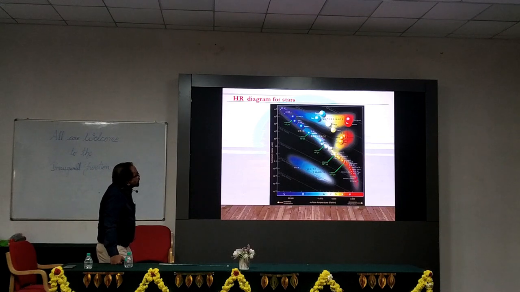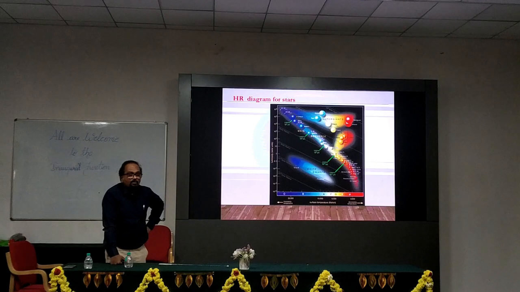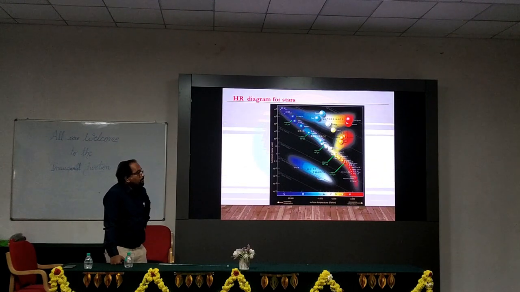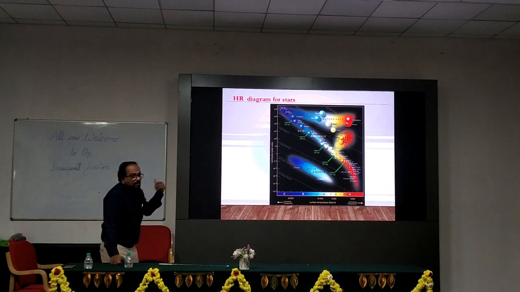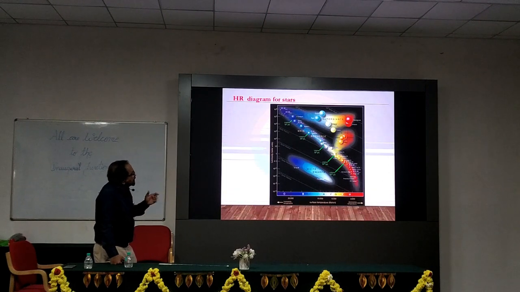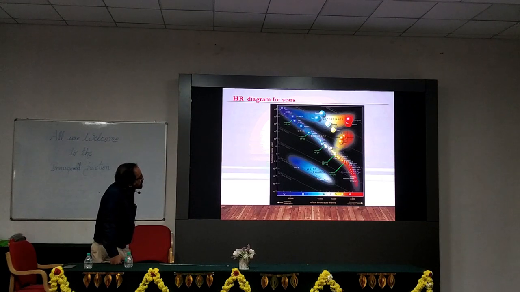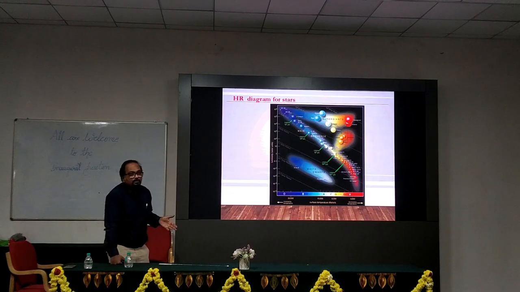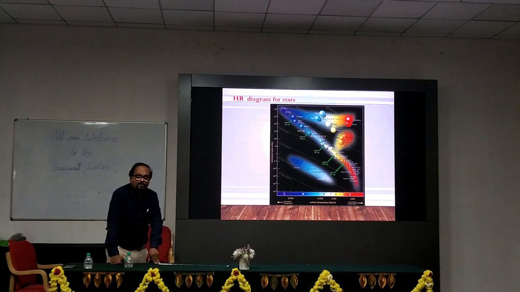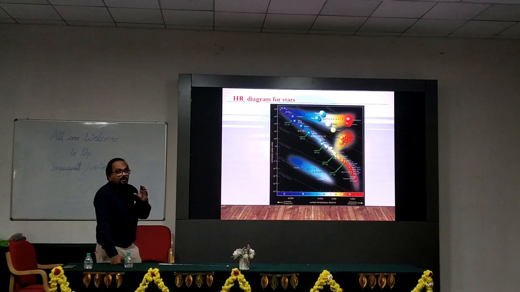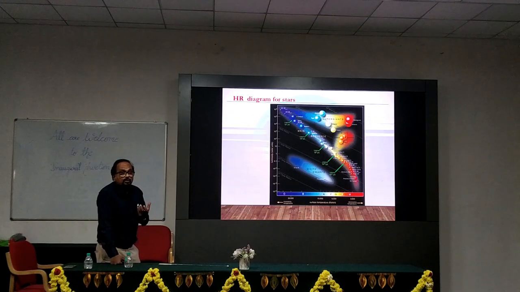Okay. On the other side, what about the lower side? Why don't we have very low mass stars, like 0.1 solar mass or 0.01 solar mass stars? It's basic nuclear physics. Unless you have a minimum amount of density and temperature in the core, you will not generate nuclear fusion.